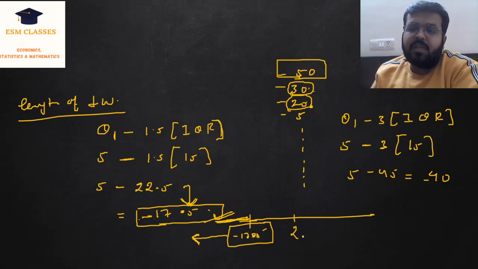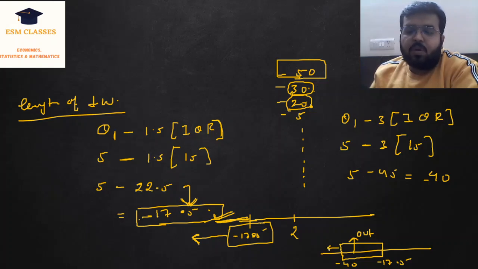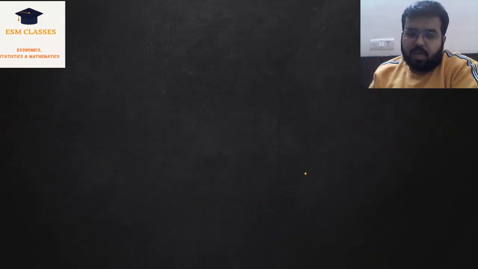The reason being, if this is the number line, this is minus 40, this is minus 17.5, and any value which lies between this range is known as an outlier, and any value which lies below minus 40 is known as an extreme outlier. Therefore, minus 50 is my extreme outlier, and minus 30 and minus 20 are my outliers.